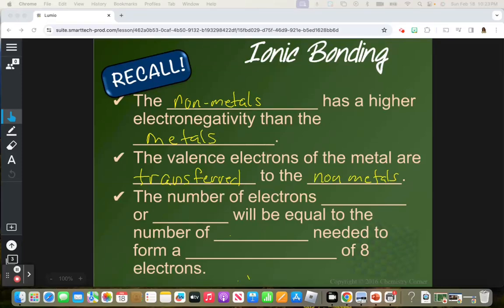The number of electrons gained or lost will be equal to the number of electrons needed to form an octet of 8 electrons. Remember, the octet rule is coming back.